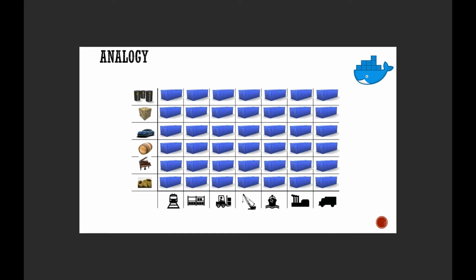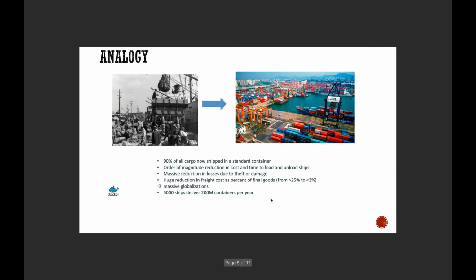Now, why Docker? This is in comparison to Docker. This is again an image of how earlier we used to carry the goods to the ships. You can see the huge lump here, and it was kind of unorganized and done in an unsmooth manner.